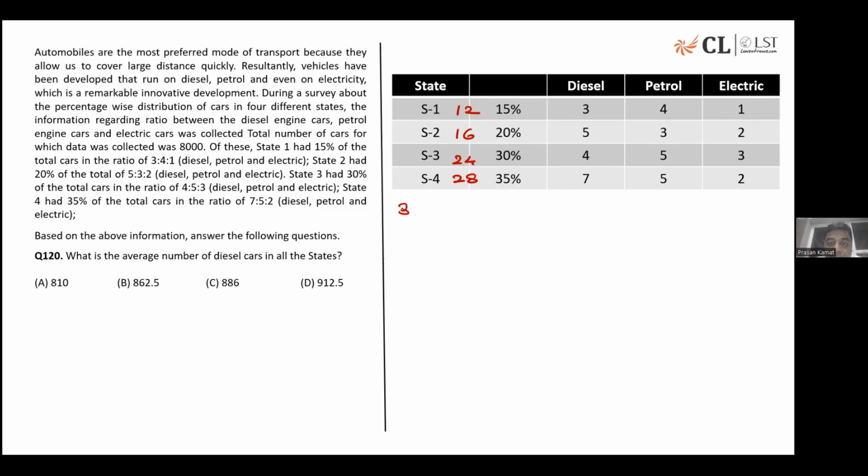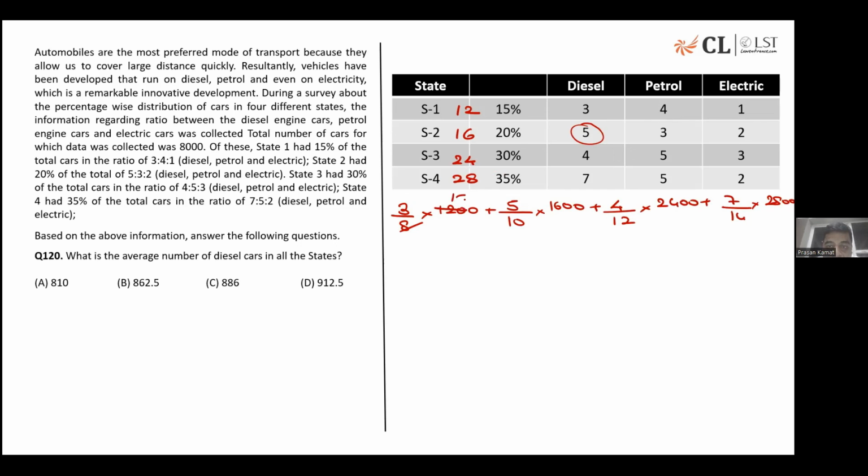So diesel in the first would be 3 by 8 of 1200. And in the second, diesel would be 5 parts out of 10 parts of 1600. In the third, it would be 4 by 12 of 2400. And in the last, it would be 7 by 14 of 2800.